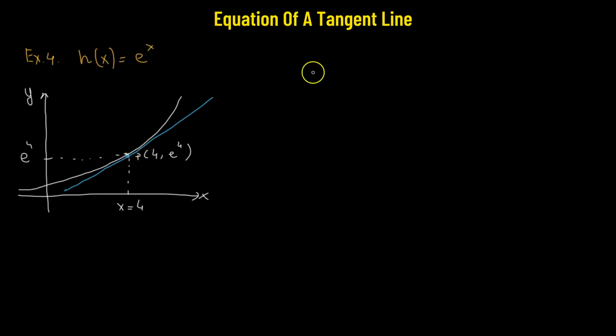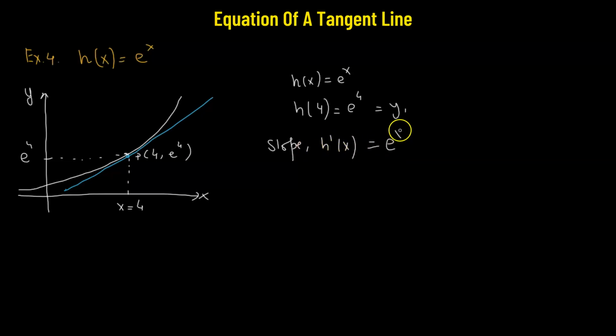Okay, the equation of the tangent that passes through this point P. We have h of x, which is given by e raised to the power of x. We have already obtained that x equals 4. We have e raised to the power of 4, and this is the y coordinate. Then we have the slope. Our slope will be h prime of x, which is simply the exponential function itself, because the derivative of the exponential function gives the function itself.